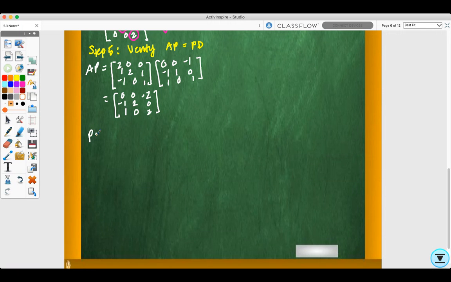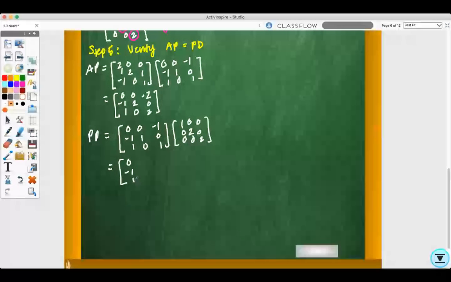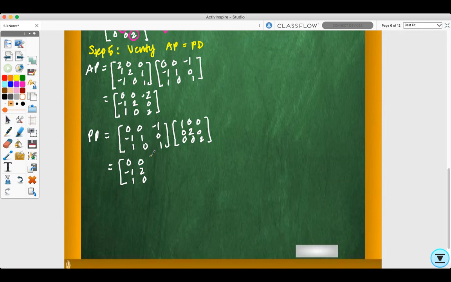And then PD would be 0, negative 1, 1, 0, 1, 0, and negative 1, 0, 1 times 1, 0, 0, 0, 2, 0, 0, 0, 2. When I multiply those out, I end up getting 0, negative 1, 1, 0, 2, 0, negative 2, 0, 2.